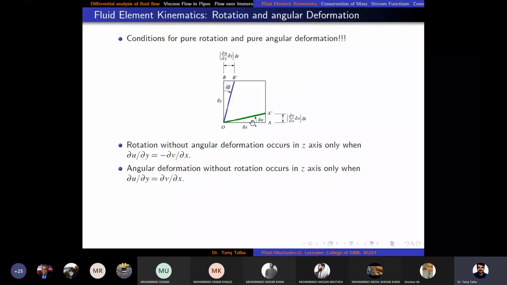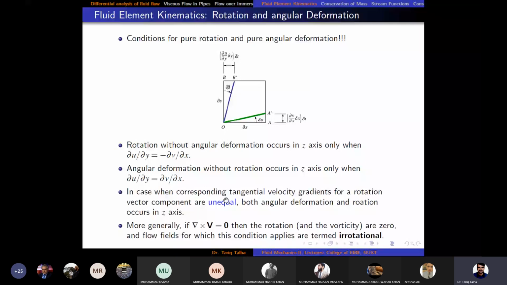So in case when corresponding tangential velocity gradients for a rotation vector are unequal, it means that partial u by partial y is not equal to partial v by partial x. Both angular deformation and rotation occur. More generally, if curl of velocity field is equal to 0, then the rotation and the vorticity are 0, and the flow field for which this condition applies is termed irrotational.